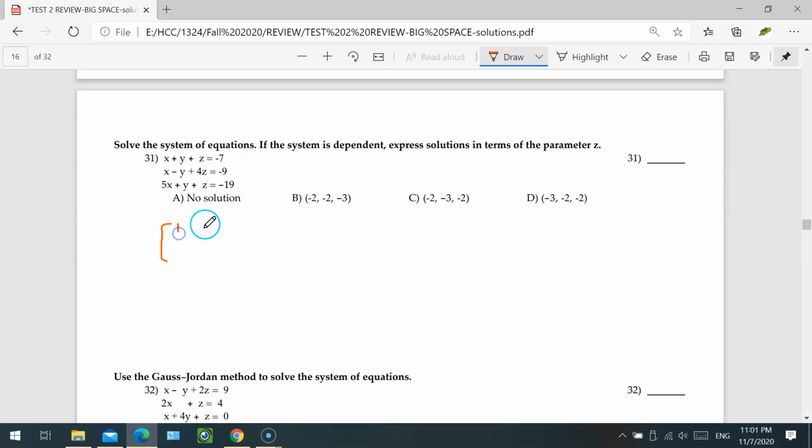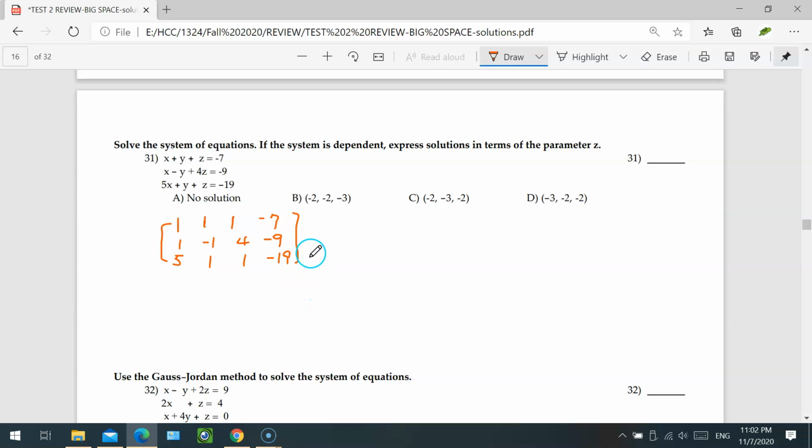So you have the 1, 1, 1, negative 7. When you create the matrices, there's no vertical line you will see on the graphing calculator. Okay? And 1, negative 1, 4, and negative 9, 5, 1, 1, and negative 19.